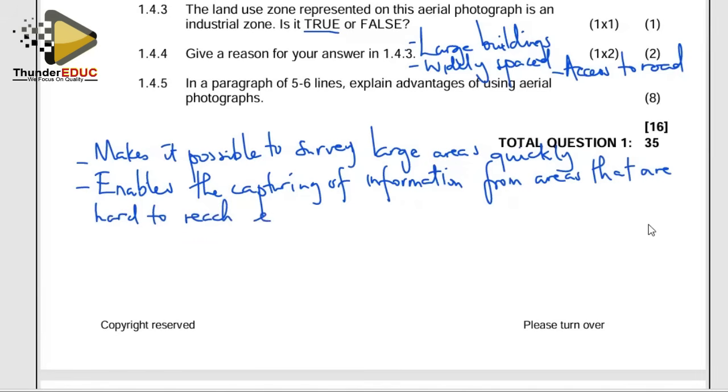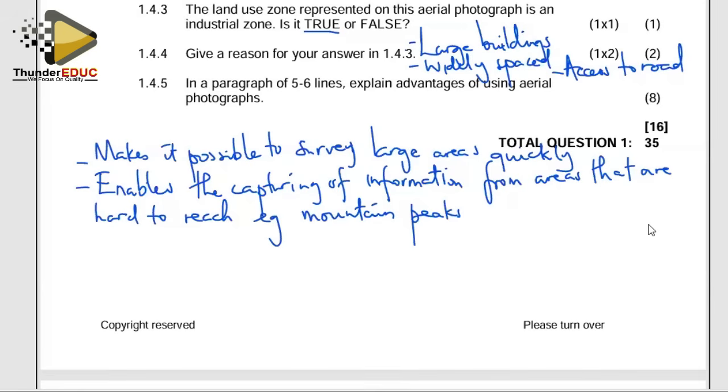For example, high mountain peaks. If you want to study the rocks on top of a high mountain, and you are supposed to visit there physically, it will take you an effort to climb up that mountain. But if you are using aerial photographs, you can focus your camera on that particular peak of the mountain and study maybe the rocks, or the type of weathering that is happening there, or the type of vegetation which is there. Then you can actually figure it out.